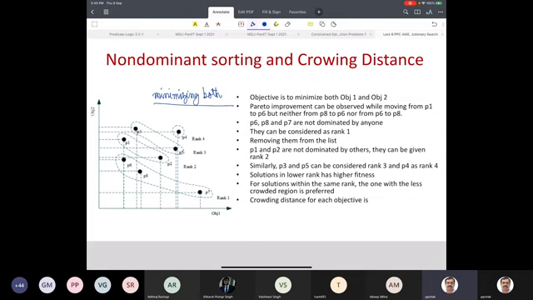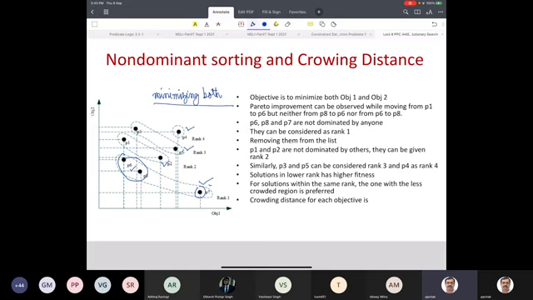We are simultaneously minimizing both. If we are maximizing both, the plots will be in that other shape. So this is rank 1, this is rank 2, this is rank 3, this is rank 4. So you create these ranks, and from rank 1, out of these two, you may just choose one of them. And this one you choose because this is farther away. So there are various functions for crowd distance calculation.